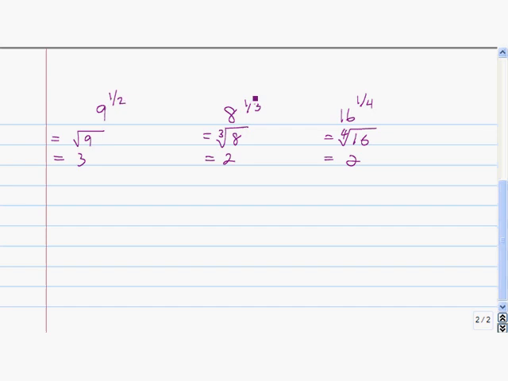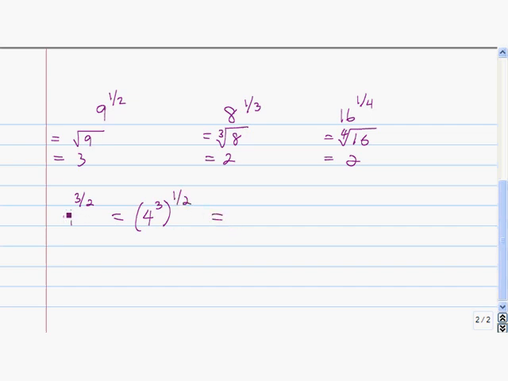So far we've only looked at fractional exponents that have a 1 in the numerator. Suppose we have the number 4 raised to the 3/2 power. We can think about this in two ways. First, we can take the number 4 and raise it to the 3rd power, then raise it to the 1/2 power.